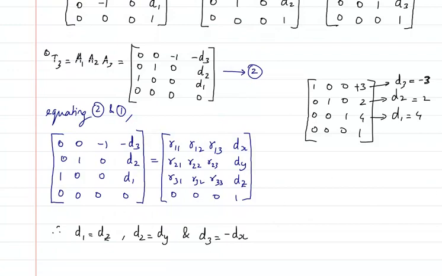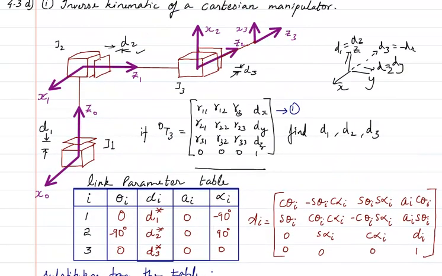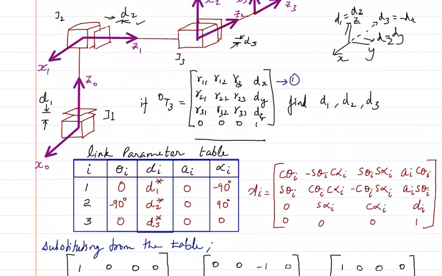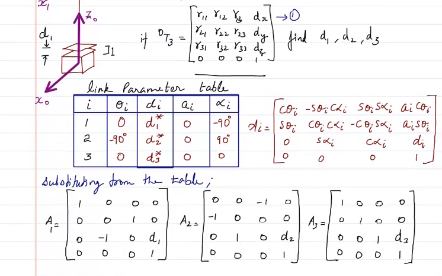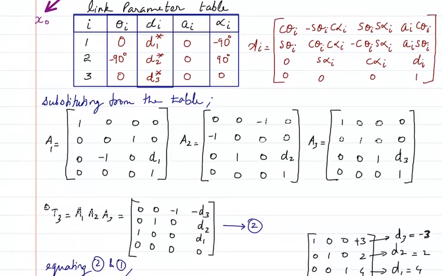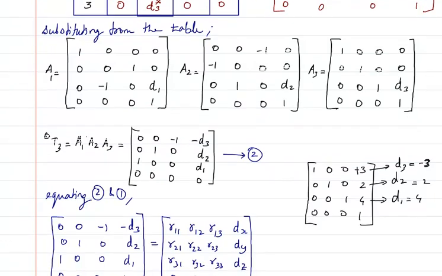Now here we have drawn the Cartesian like this, that's why we got the link parameter table like this, and that's why we got a1, a2, a3 like this, and that is why we got 0T3 as a1 a2 a3 like this.